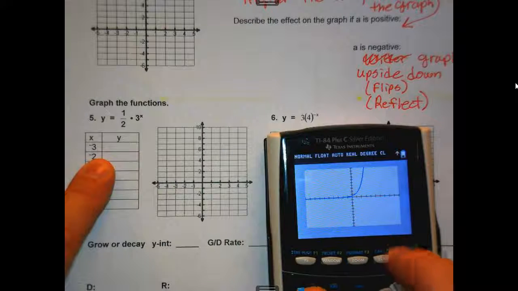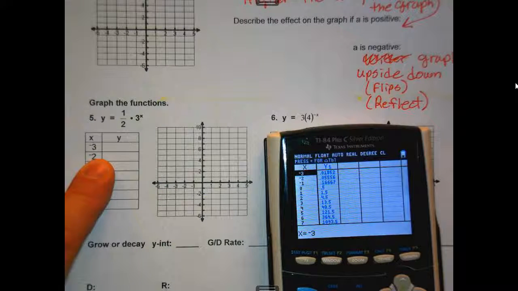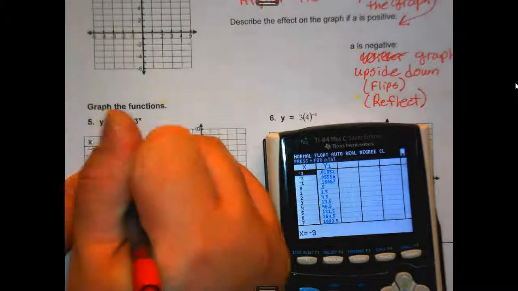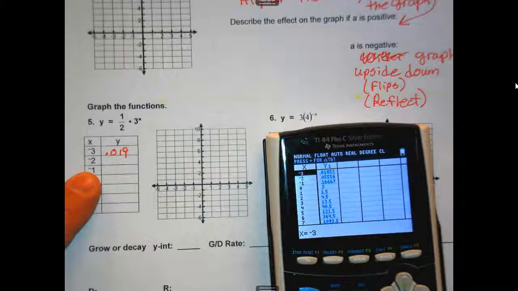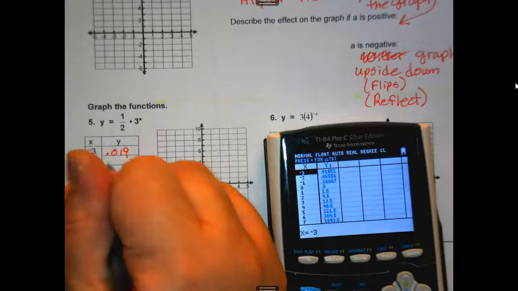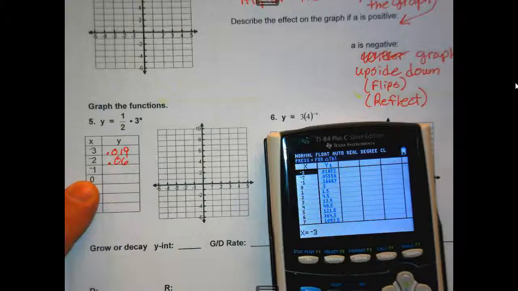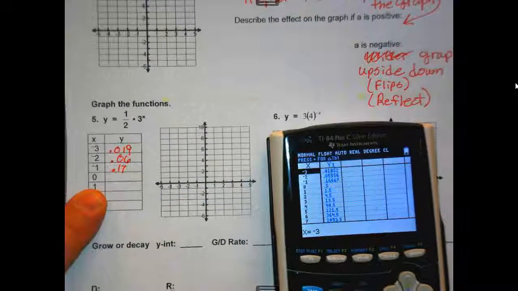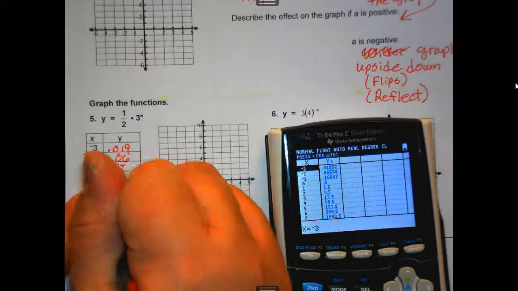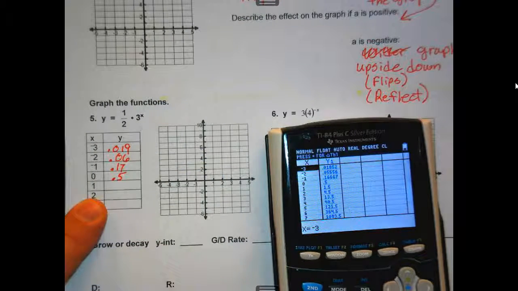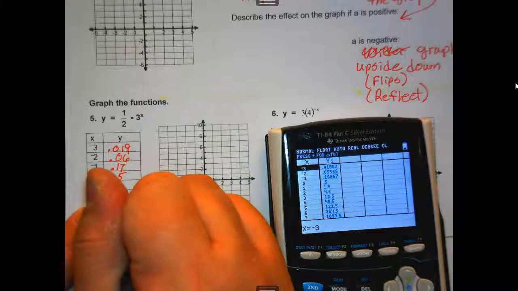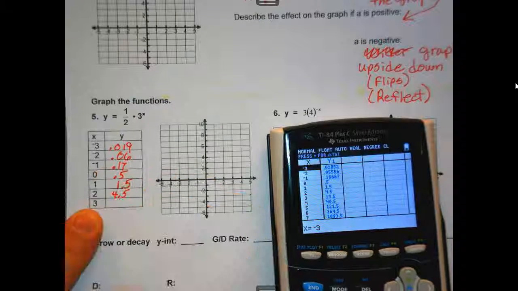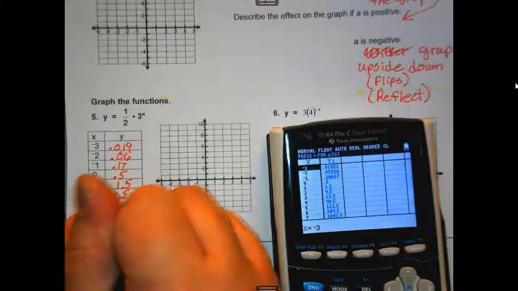Let's get some numbers. -3, 0.019; -2, 0.06; -1, 0.17; 0, 1/2; 1, 1.5; 2, 4.5; 3, 13.5.